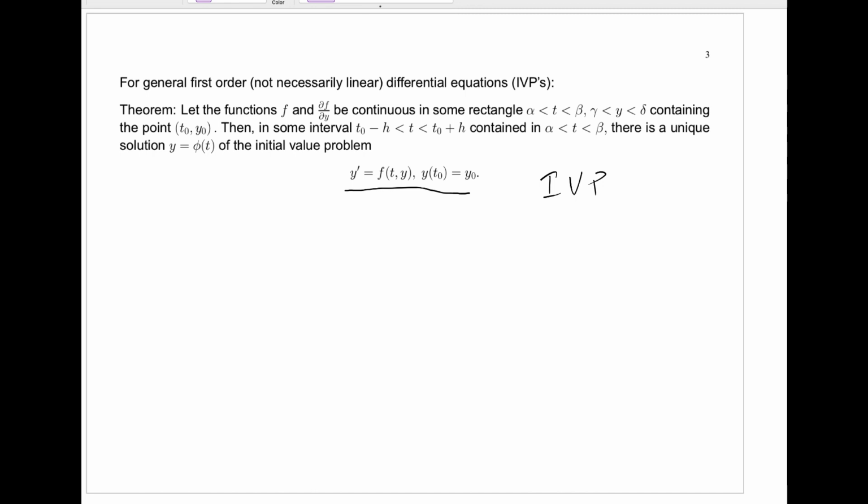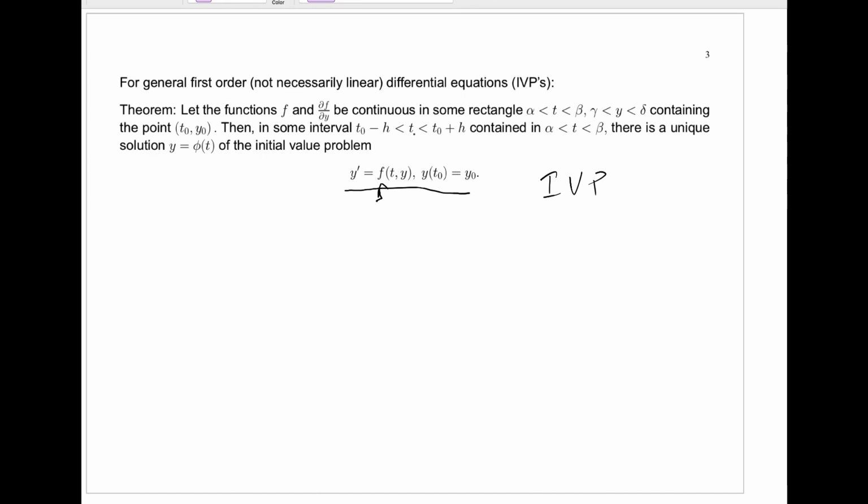The theorem says let the functions f, that's this function f, and df dy, the partial of f with respect to y, be continuous in some rectangle. And this means a rectangle in the ty plane. And the rectangle should contain that point t naught, y naught, where our initial condition takes place.